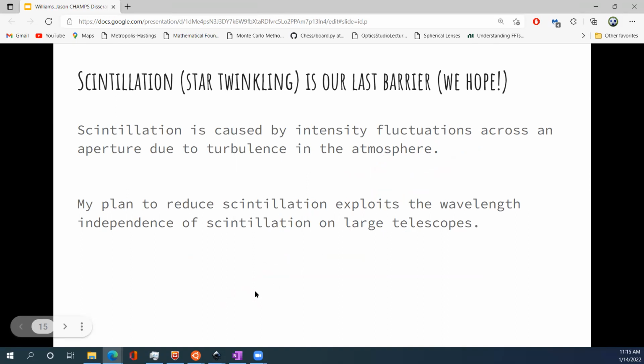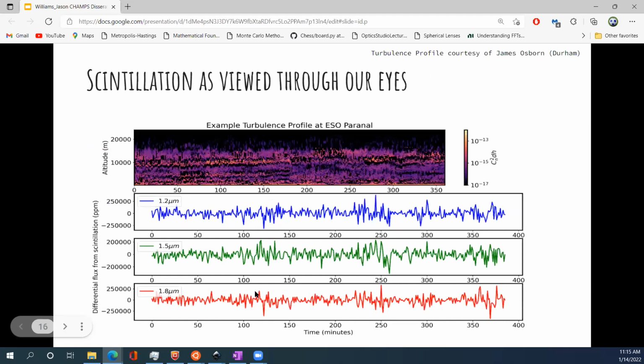My plan to reduce this exploits the wavelength dependence of scintillation on large telescopes. Most of us are actually very familiar with the wavelength dependence of scintillation, because if you look at a star as it twinkles, you can see with your eyes how it changes color ever so slightly.